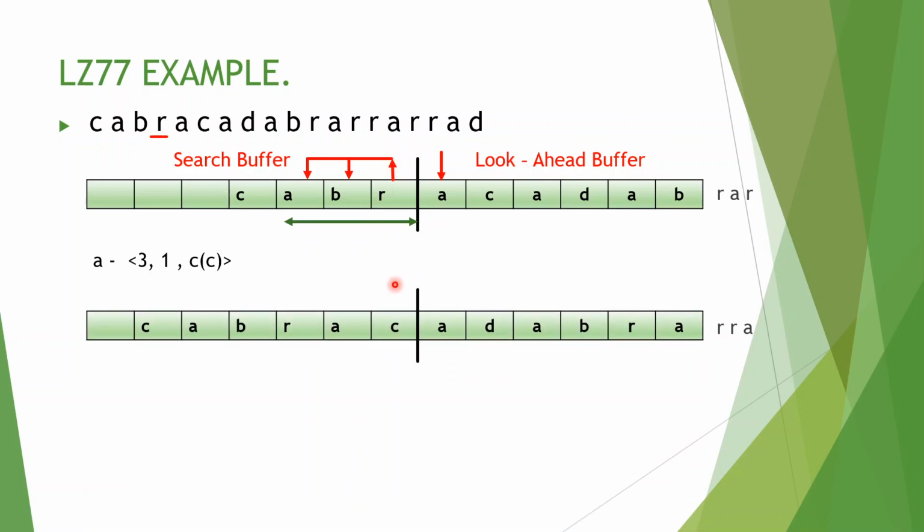See, A and C both symbols are moved into the search buffer and the next two symbols are added in the look ahead buffer.